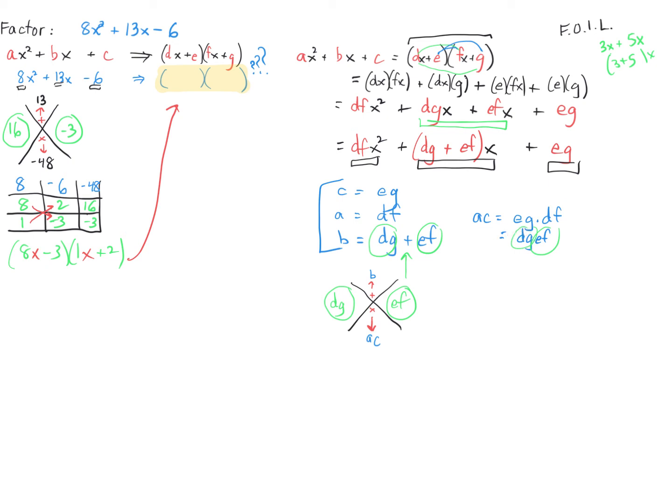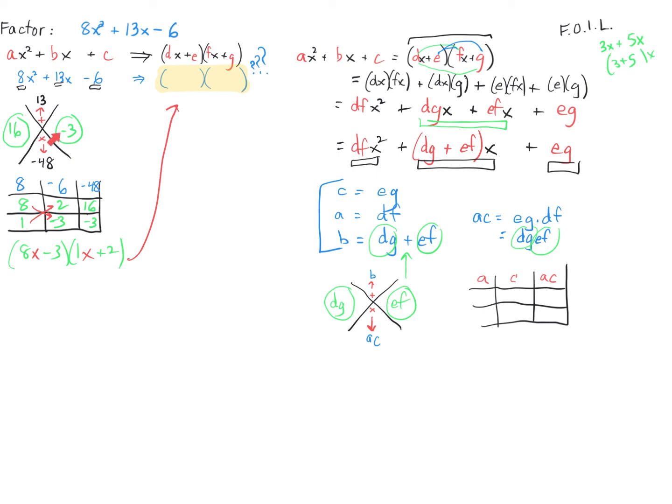All right, so next comes the grid. We'll go ahead and make this grid. All right, and then we placed our A coefficient there and the C coefficient there. And following our multiplication idea, horizontally, A times C is what goes there. All right, and then what do we do?